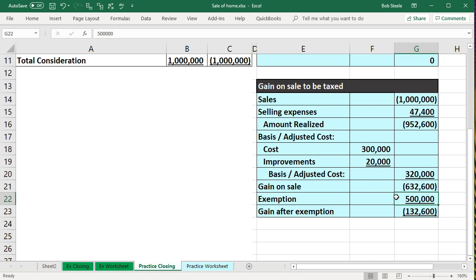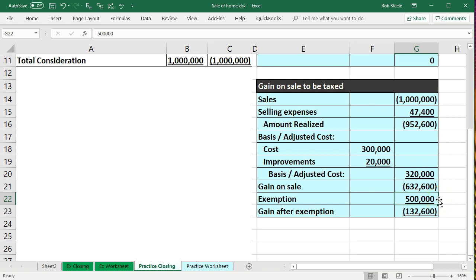So as we go forward, just note where this is in the calculation. We're not talking about an exemption that you're going to be comparing to the sales price. You're talking about the exemption as it's compared to the net gain after we've taken into consideration the selling expenses and the basis, the cost of the home, plus any improvements.